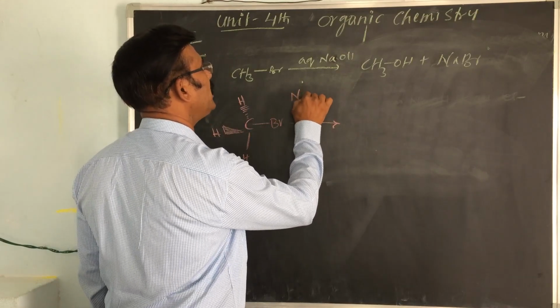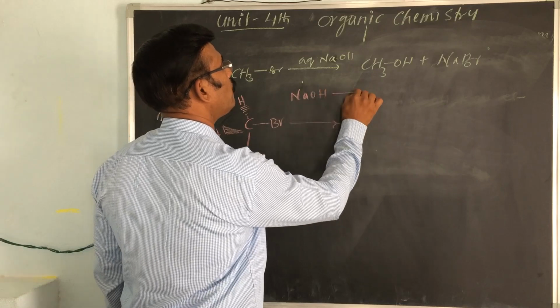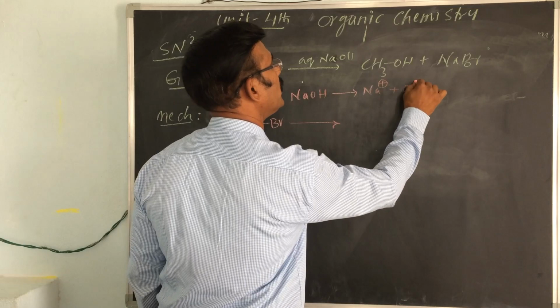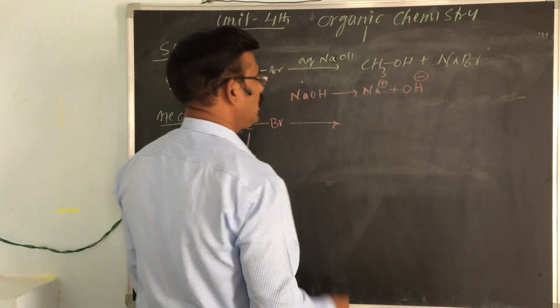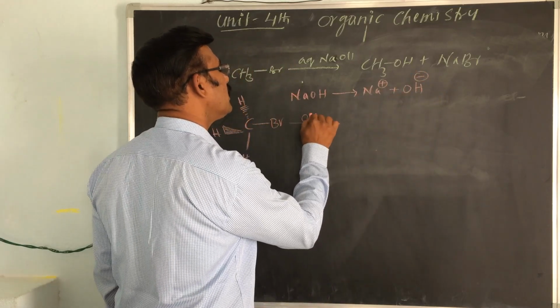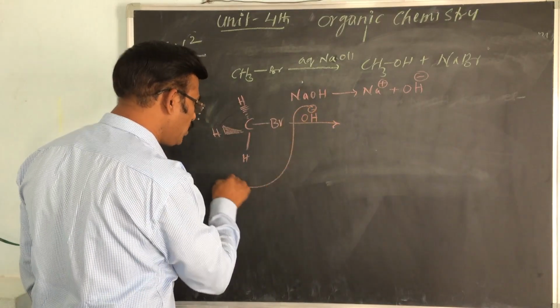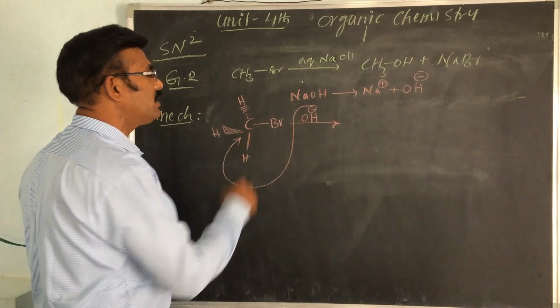The aqueous NaOH forms the Na plus cation and OH minus ion. The OH minus is a nucleophile, and this OH nucleophile attacks the back side of the compound.